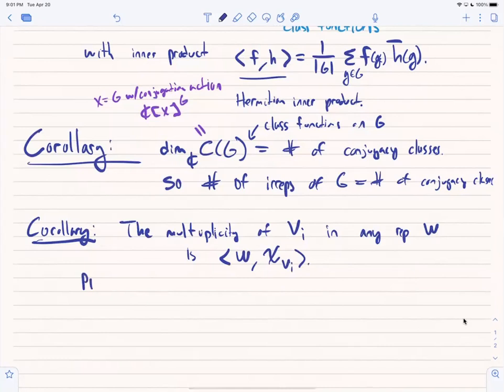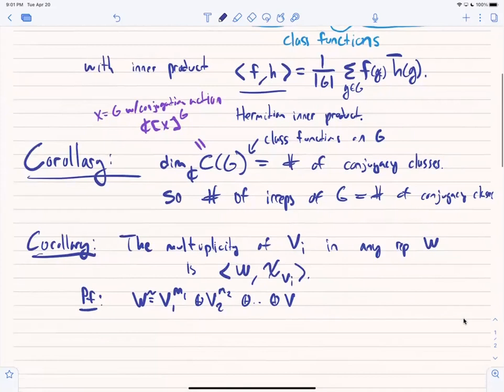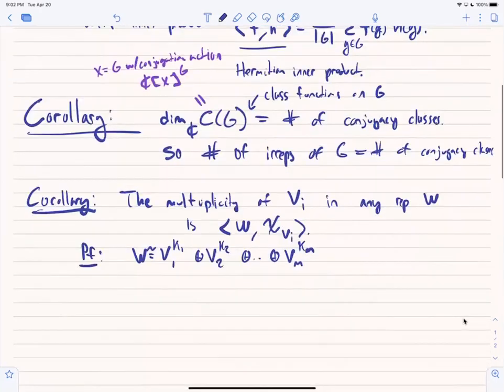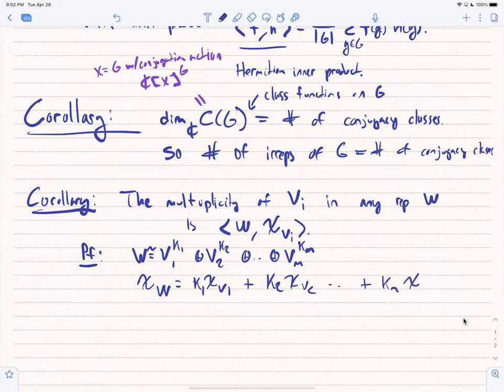So let me prove this corollary. Well, W is isomorphic to V1 to the K1 plus V2 to the K2, and so on, up to Vm to the K_m, where I call these multiplicities K. And so then chi of W is K1 times chi of V1 plus K2 times chi of V2, and so on, all the way up to K_m times chi of Vm.